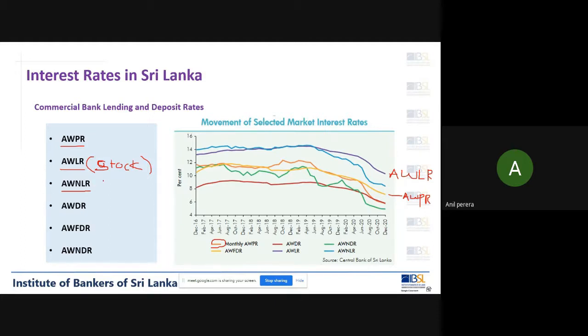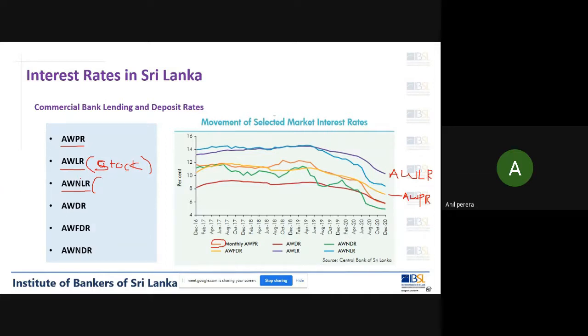So under AWNLR, you calculate the average weighted new lending rate in the commercial banks. It is the weighted average rate for new loans in a particular month granted by commercial banks.